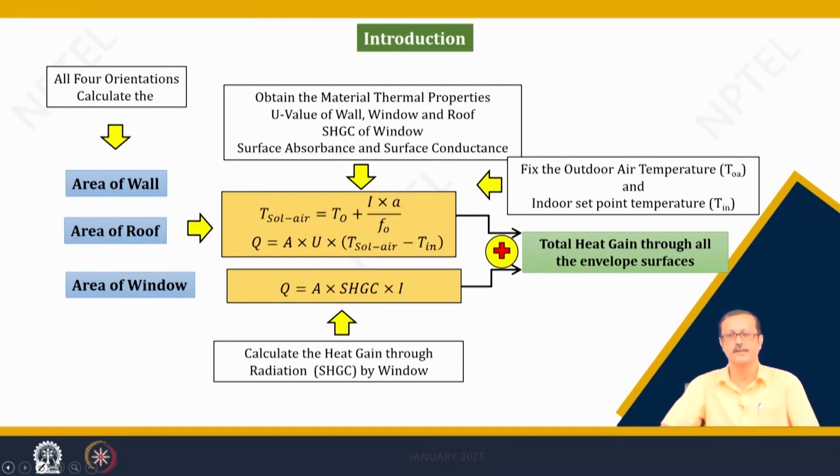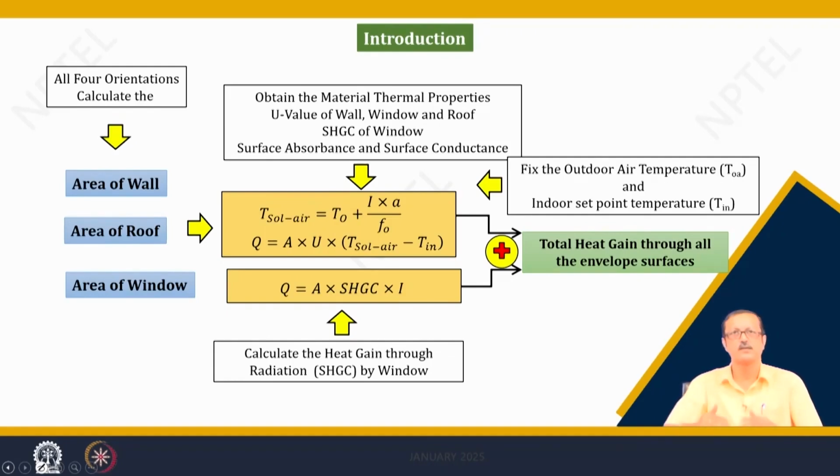The heat gain through the conductive and radiative waves was calculated for one specific outdoor temperature and solar radiation. This computation and estimation process will follow the same flow chart that we discussed in the last class.